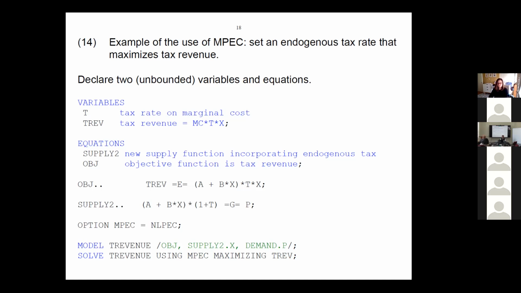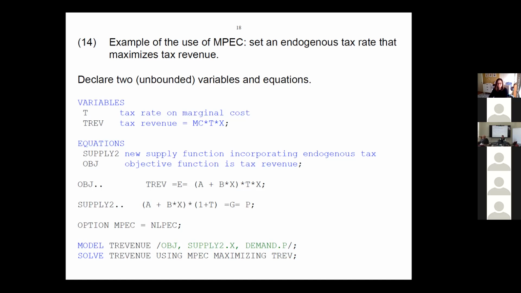There's also an equation for supply, which has the tax rate in it. I had to modify the other supply equation, so I gave it a new name, supply 2.